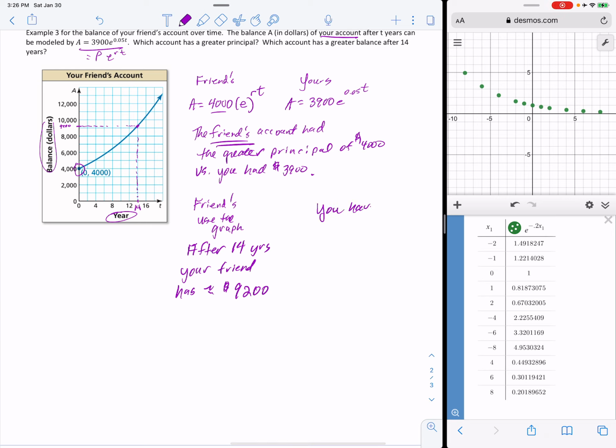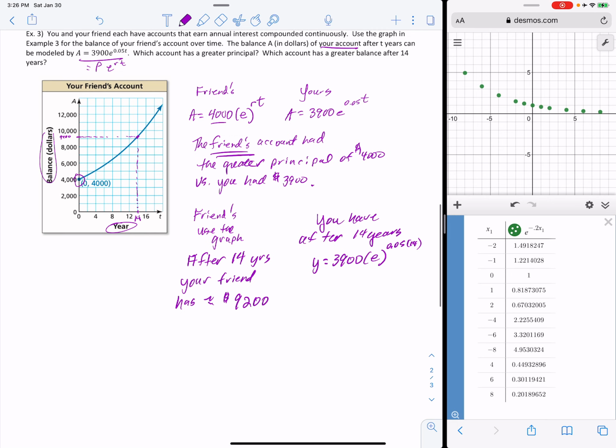You have, after 14 years, y is equal to, you have to calculate it, oops, I was looking at the wrong one, 3,900 e to the 0.05 times 14.